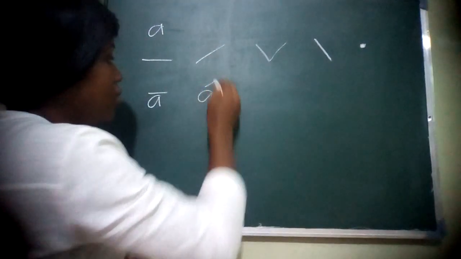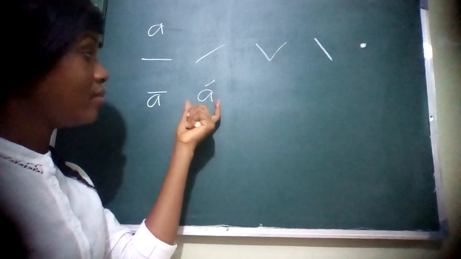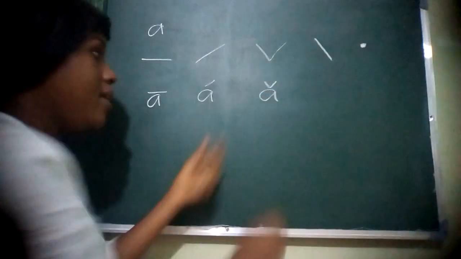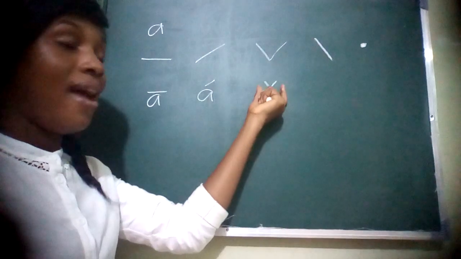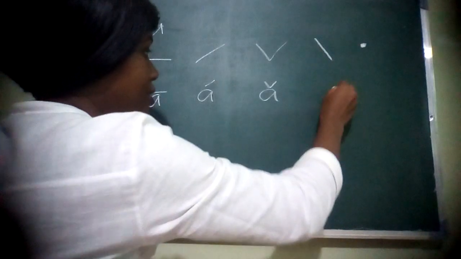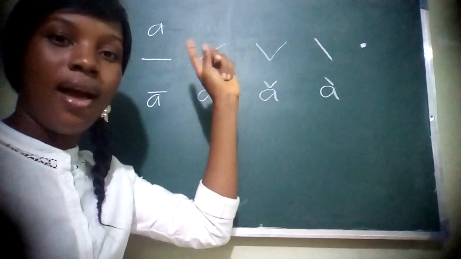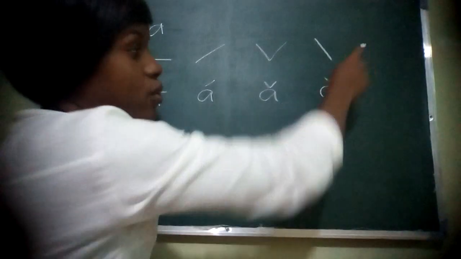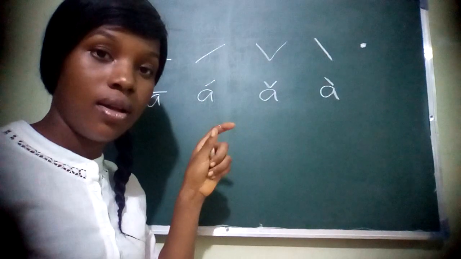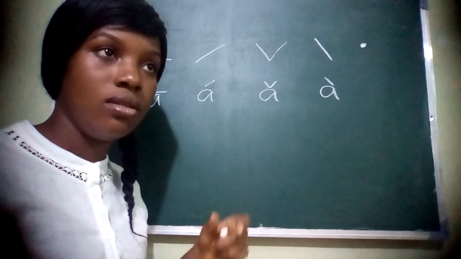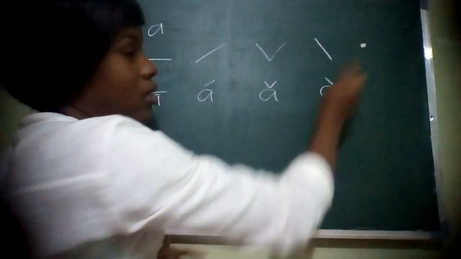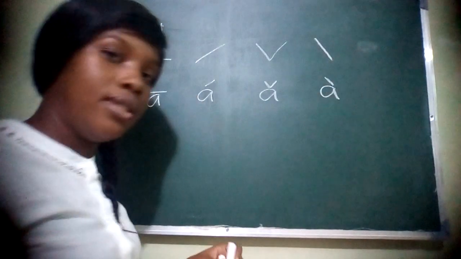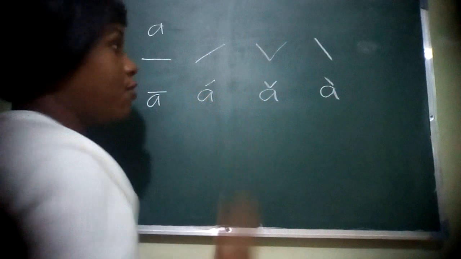This will give us A. This will be A, and then this would be A, falling, and then this would be like a Russian saying da. But we won't be considering this, so let's erase this and focus on these 4.